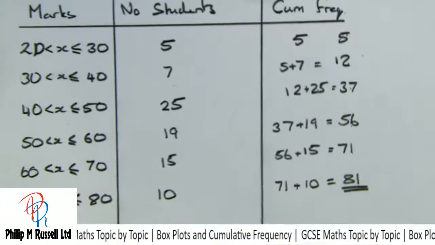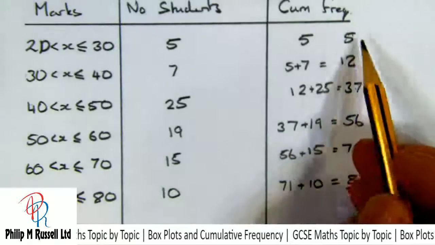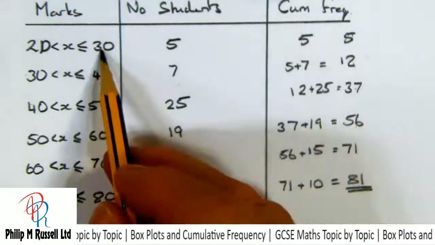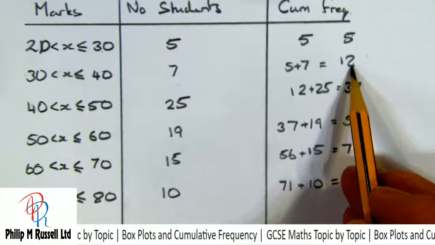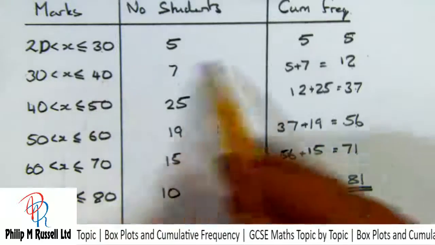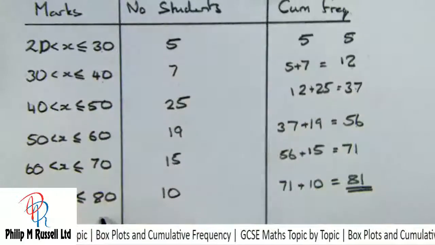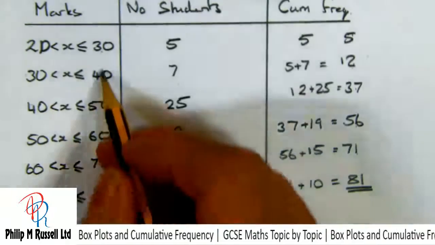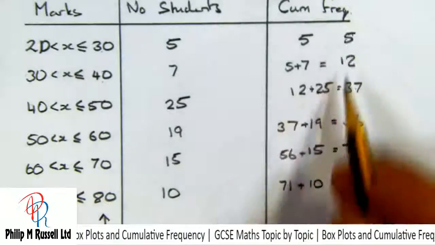Now, if I have a look at this, the maximum grade this child could have got is a 30. The maximum these children here could have got was a 40. So what we're going to do is plot this number here against that number there.